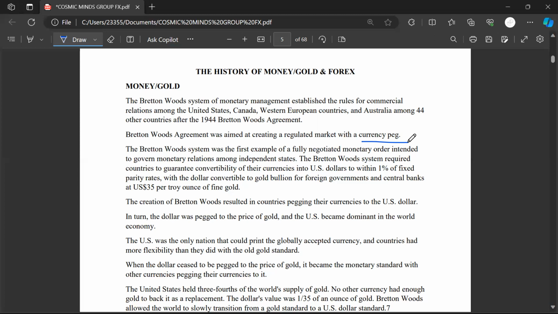If you have one product and you want one commodity, you can exchange it for another thing. Let's say I have sugar and I want oil. I just go with my sugar to the person who has the oil, and I exchange it for that. It depends on the quantity that we agree on. So there were no regulations and all that.